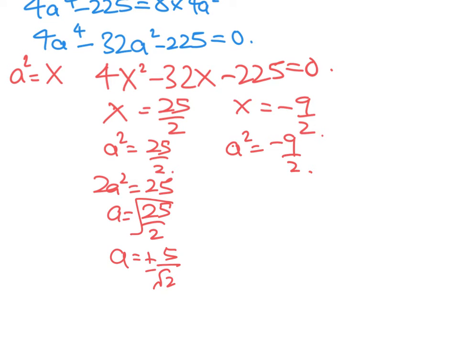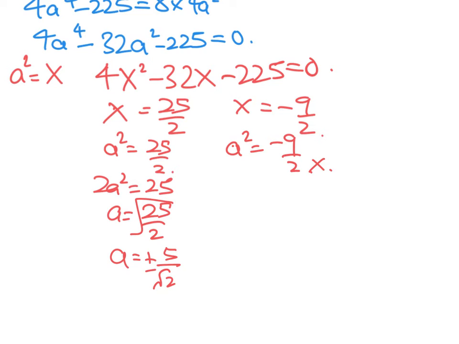I can discard the negative 9 over 2, because a square cannot be a negative number.